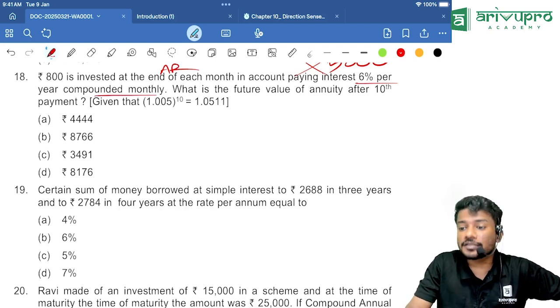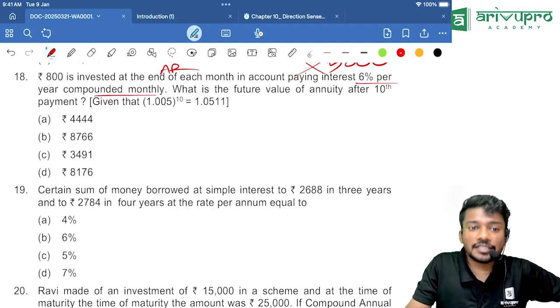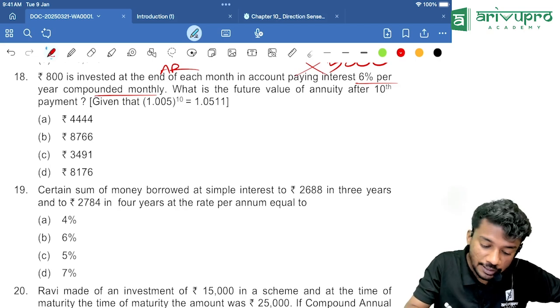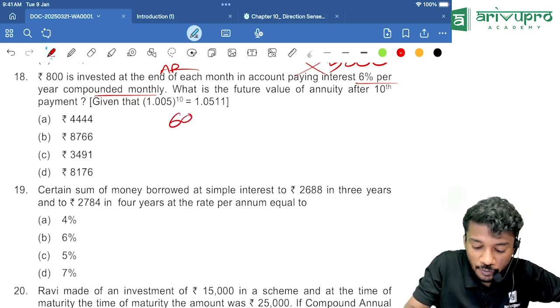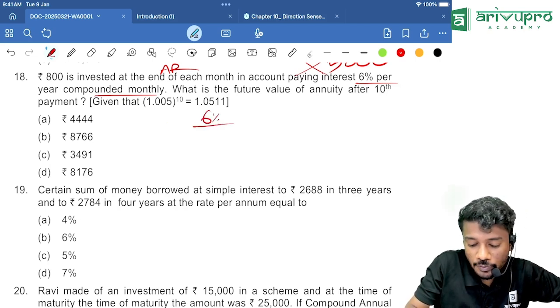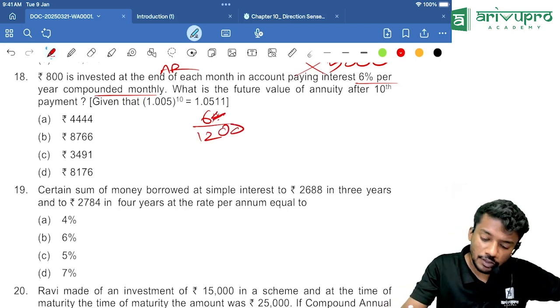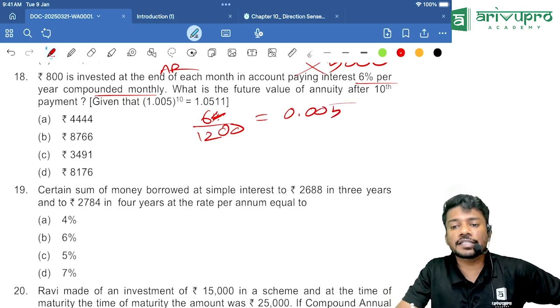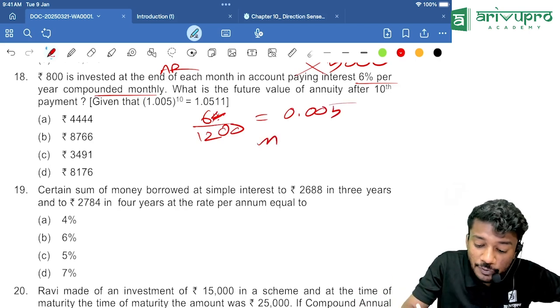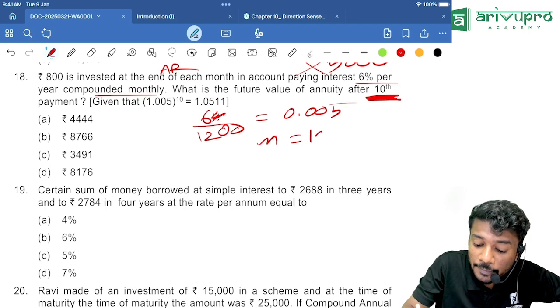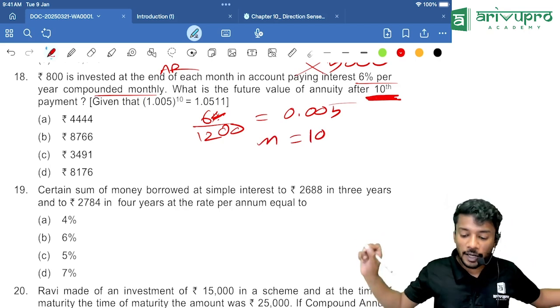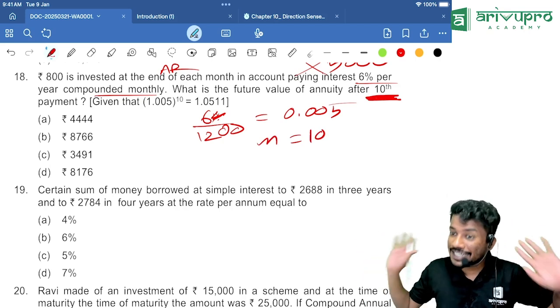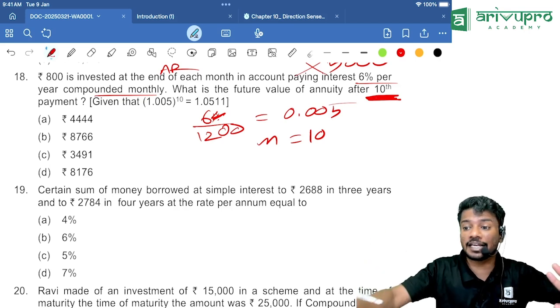Monthly means divided by 1200, that is 6 divided by 12, converted into decimal, 0.005. But what is the n value? After the 10th payment, so n is 10. We will not multiply it with 12. It is the 10th payment they are telling, so n value is 10.